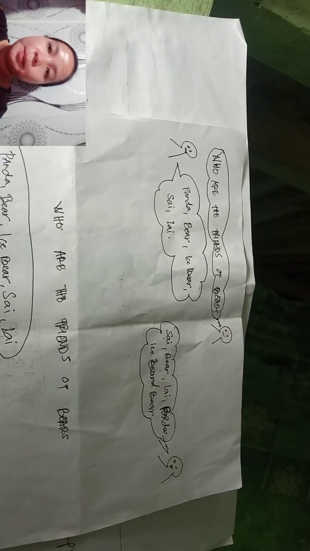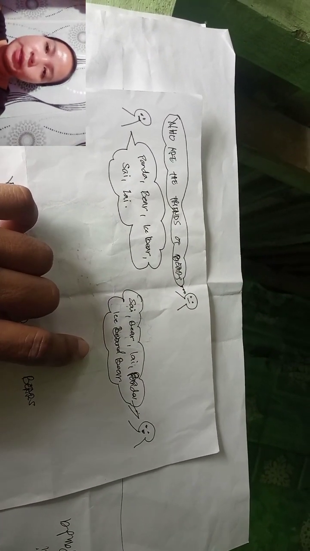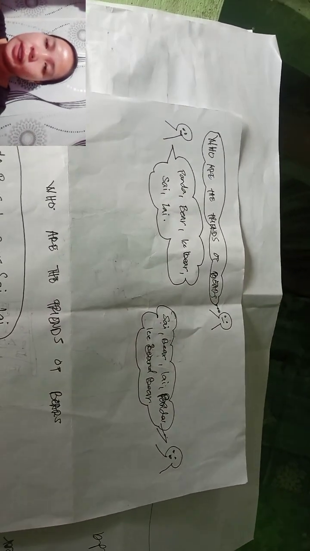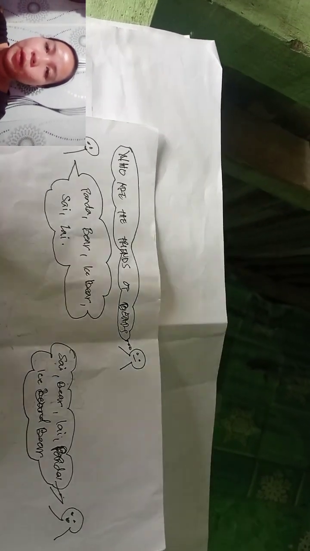The first friend answers that Panda, Ice Bear, and Lucy are the friends of We Bare Bears. The second friend answers that Lucy, Panda, and Ice Bear are the friends of We Bare Bears. Equivalent, despite having the names in a different order.